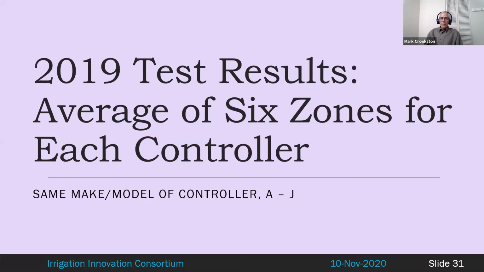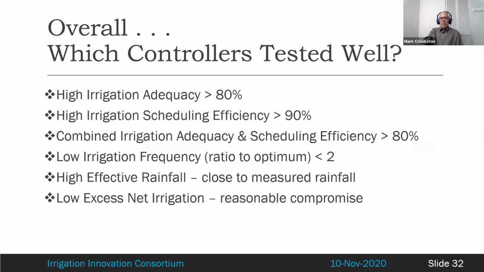Now we want to look at the average of the 6 zones for each controller and see how that compares. What standards did we look at to rate how they were doing? Again, irrigation adequacy greater than 80%, scheduling efficiency greater than 90%, irrigation adequacy and scheduling efficiency averaged, we left that at 80%.